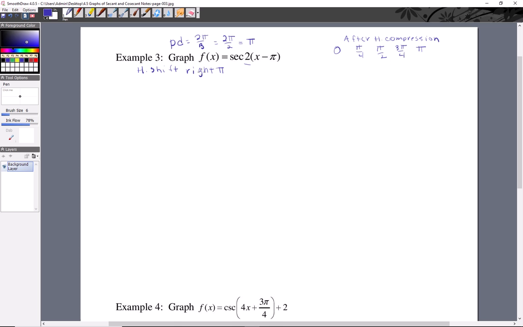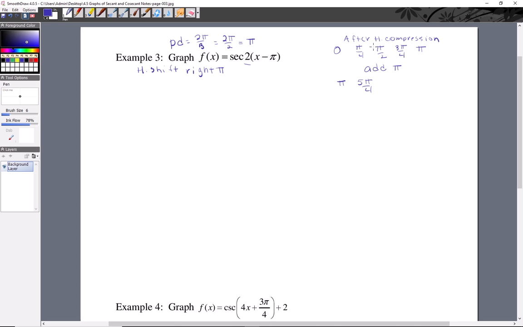And then, since we're shifting to the right pi, we're going to set up a whole new set of anchor points. We're going to add pi to each of those values. So 0 plus pi is pi. Pi over 4 plus 4 pi over 4 is 5 pi over 4.